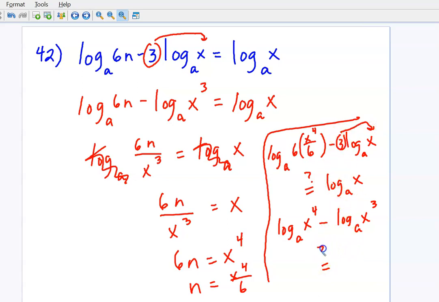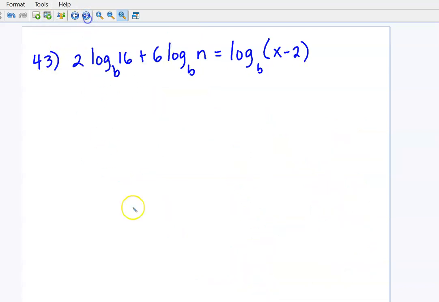And I want to know, does that equal log base a of x? Well, using the quotient property, this would be log base a of x to the 4th divided by x to the 3rd, which would become log base a of x to the 1st. So that is my answer for n, x to the 4th divided by 6.